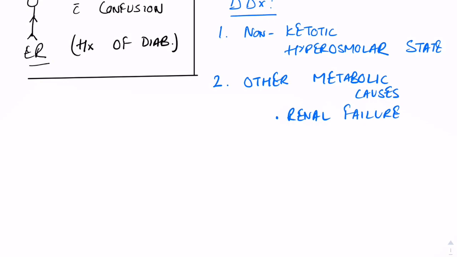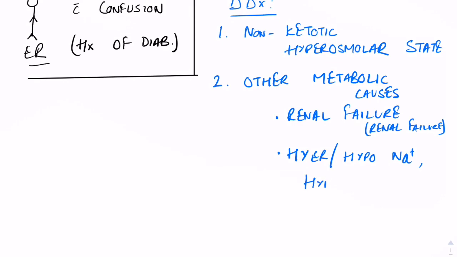Second, we must consider the metabolic causes. First one would be renal failure. My apologies, I put there in parentheses renal failure. That should be because of type 2 diabetes. As you know, it can cause renal failure.